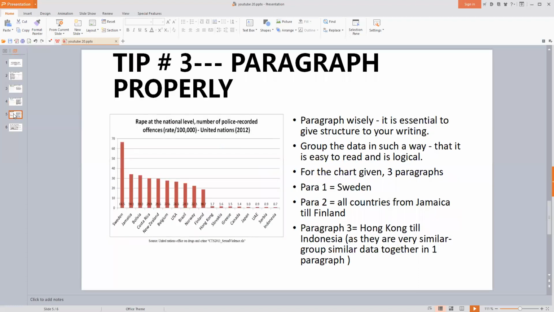And the third tip I gave you is to always give your writing a good structure. It's very, very important. For that, you have to see how you can group the data together. The things that are similar, you will group together and talk about in one paragraph, and then the other things in the other paragraph, so that there is a structure and a good flow to your writing. And it's easy because, guys, remember, this is part of the marking criteria.